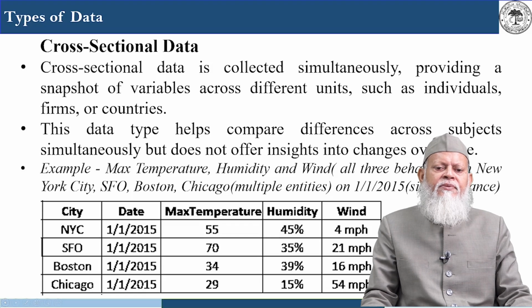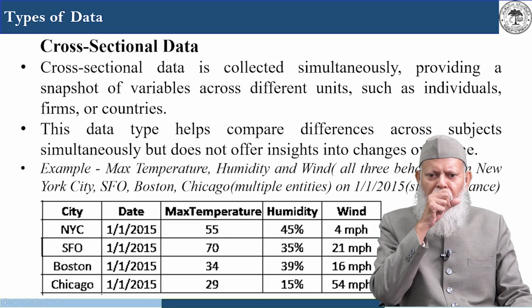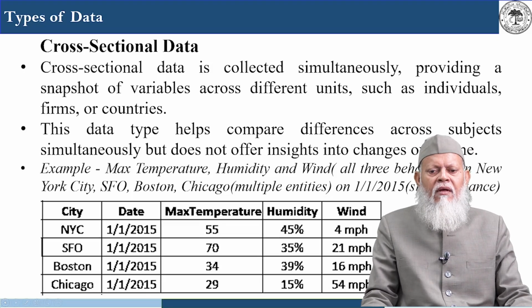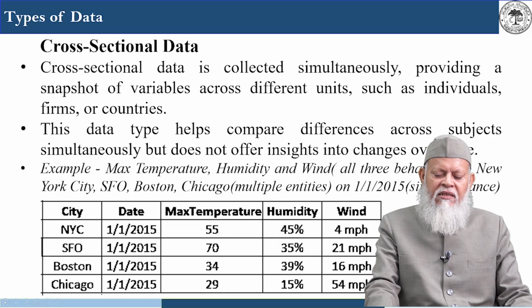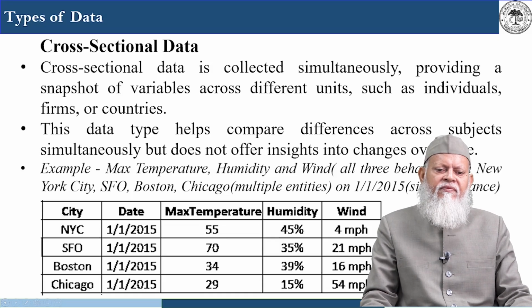This data helps compare differences across subjects simultaneously, but does not offer insight into changes over time. So, here what is there? The entity is multiple, but the time period is one.